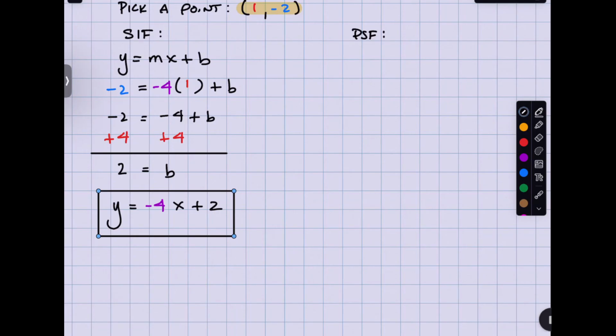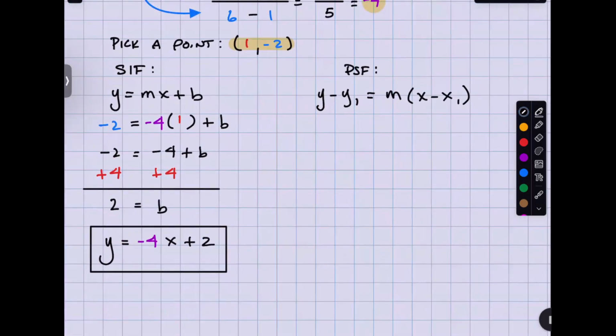So with the PSF, which is y minus y1 equals m times x minus x1. Same thing. I'm going to go ahead and plug everything in. So I got y minus, y is negative 2, is equal to m times x minus 1.